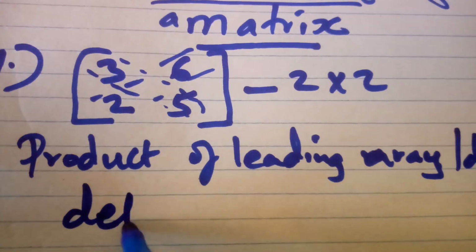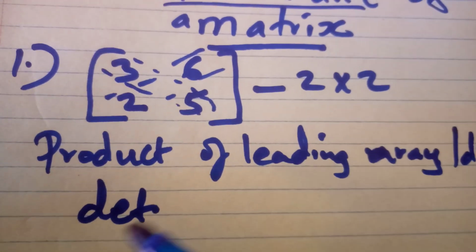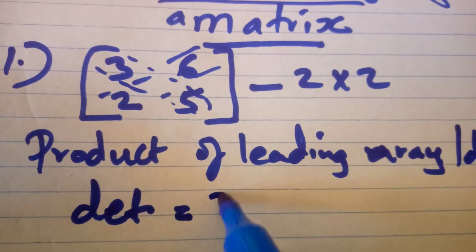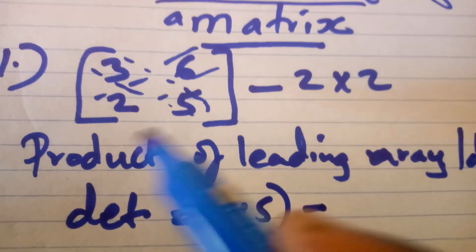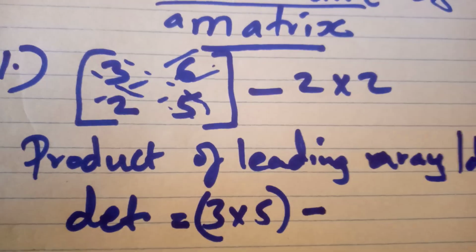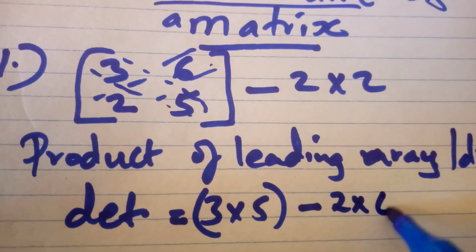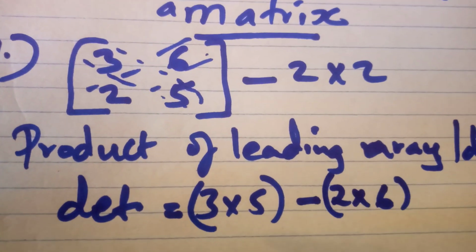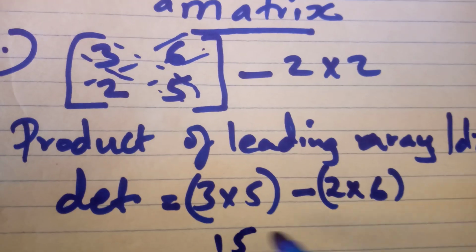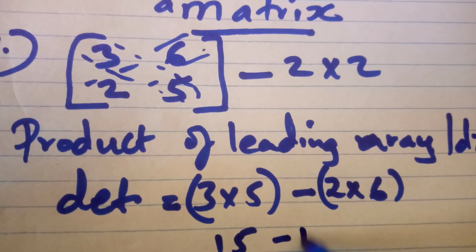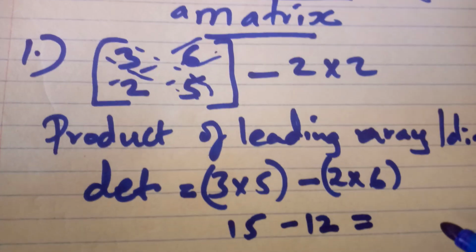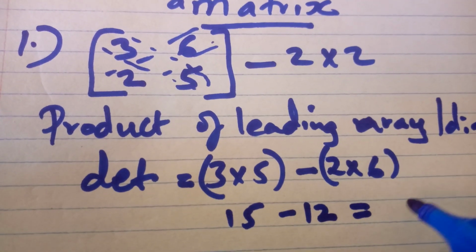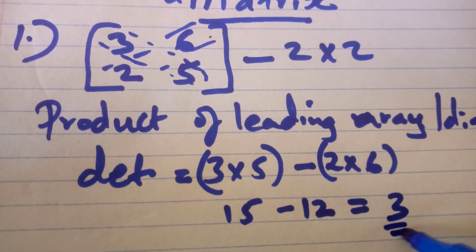So my determinant, I'm going to denote it as det. It's going to be 3 times 5, subtract the other diagonal, 2 times 6. This gives me 15 minus 12. If you subtract, the determinant in this case is 3.